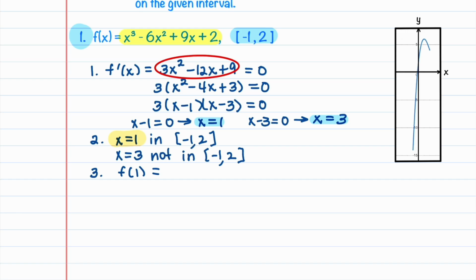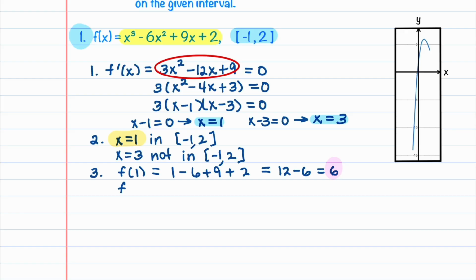Up at the yellow, we have 1 cubed, so that's just 1 minus 6 plus 9 plus 2. Let's see, if we add up the positive terms, we have a 12. So this is 12 minus 6, and we get a value of 6. Let's highlight that because that's one of the numbers we're going to have to compare. Now we need to find our function at each endpoint.